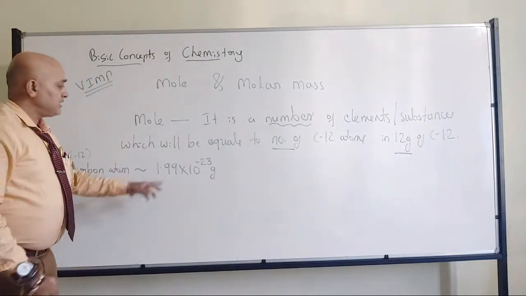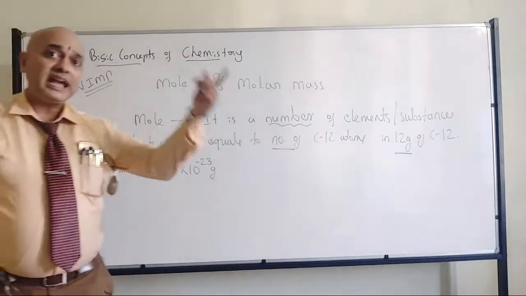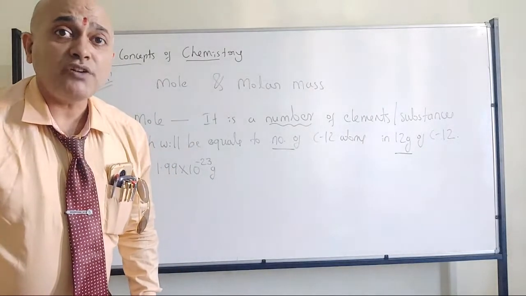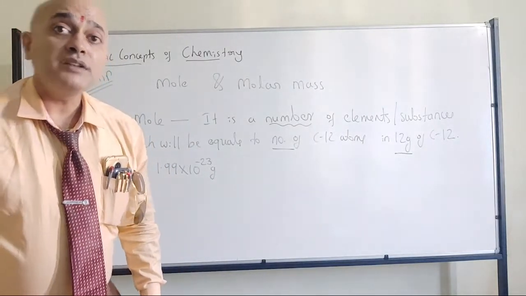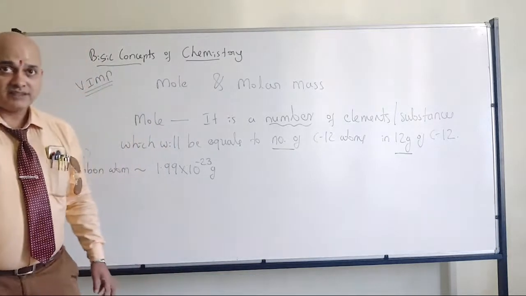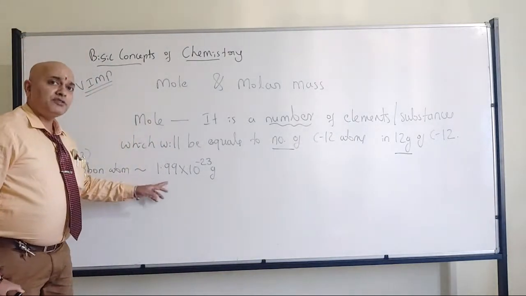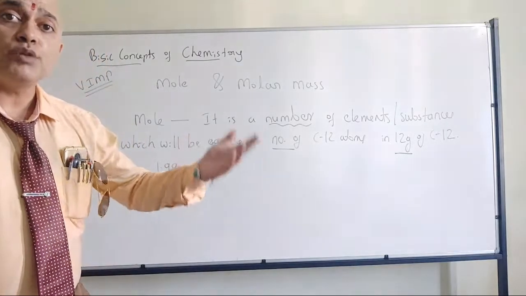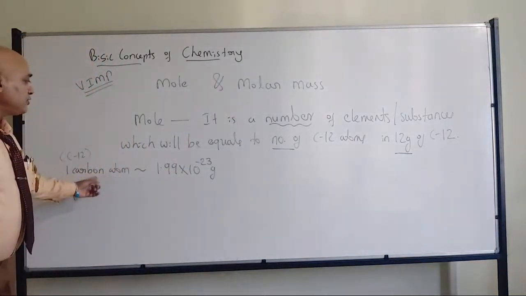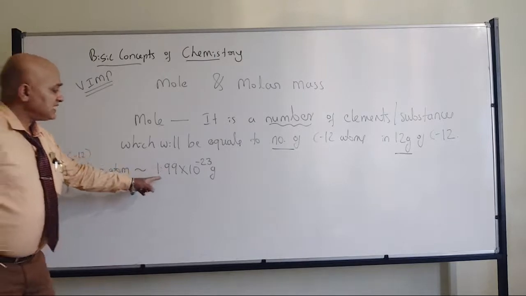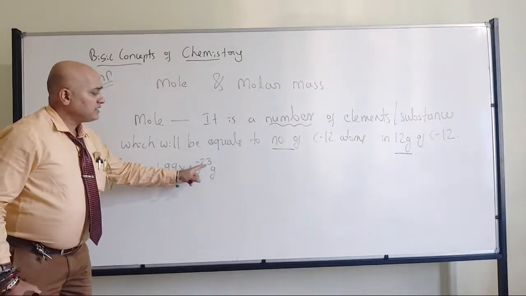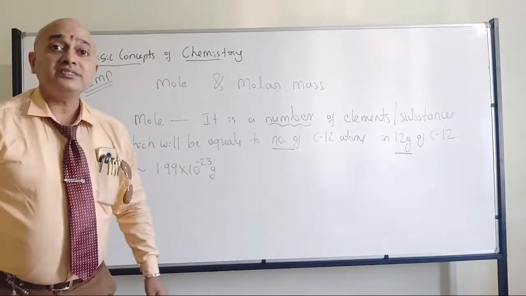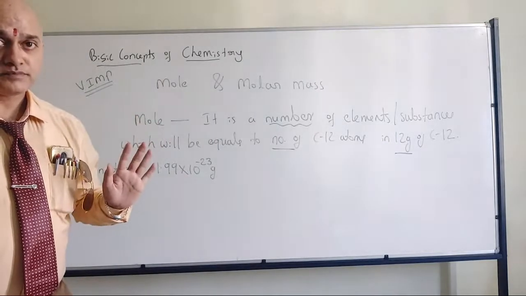If you calculate, what is the mass of one hydrogen atom? 1.67, right? So if you multiply it by 12, you will get this value. That's where we have 12 times more mass for the carbon 12 atom. So that is 1.99 into 10 to the power of minus 23 gram.